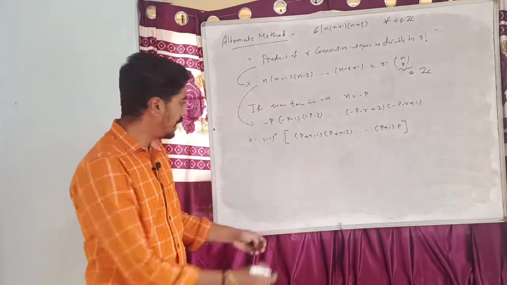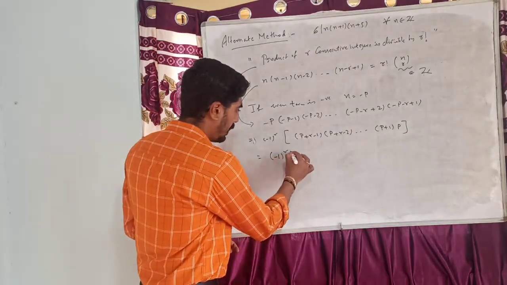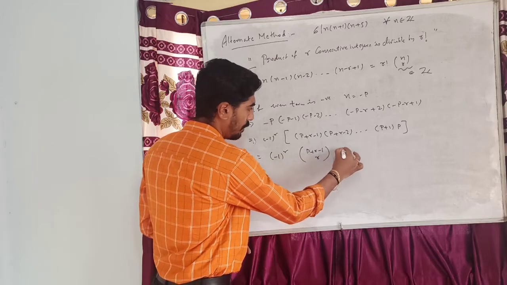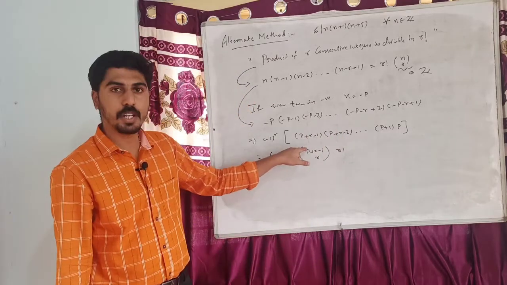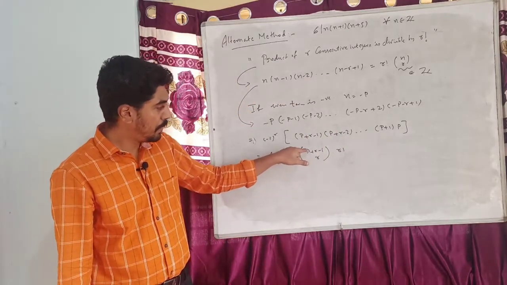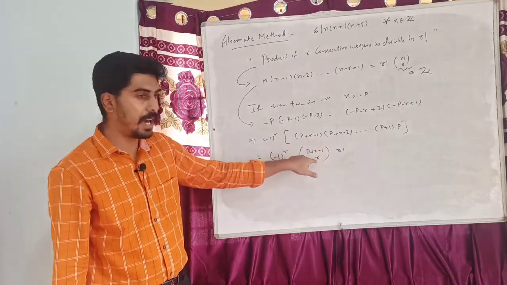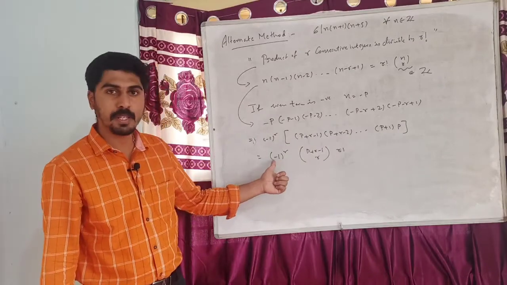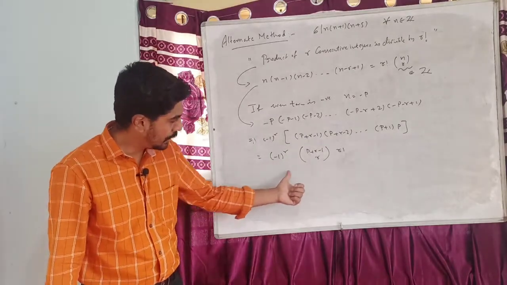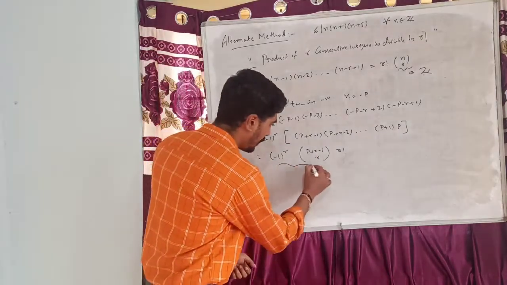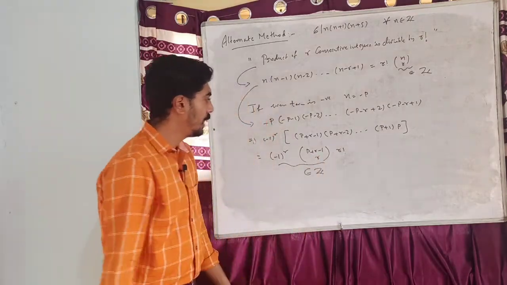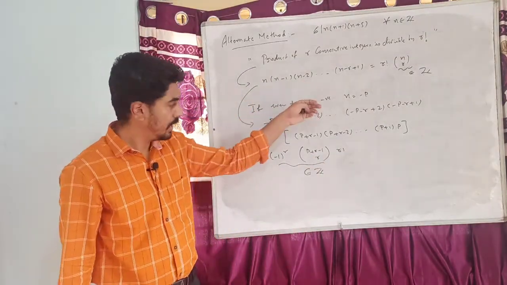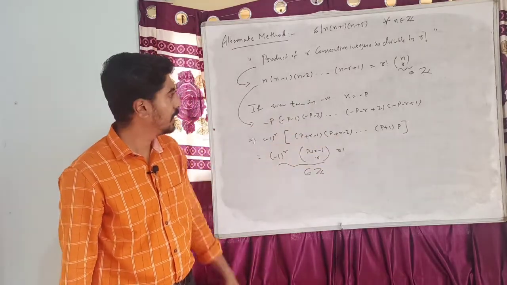Again this can be written as p plus r minus 1 Cr into r factorial. This is the number of combinations of p plus r minus 1 objects taking r at a time. So this will be an integer. So this product, which is equal to the earlier product, is divisible by r factorial.